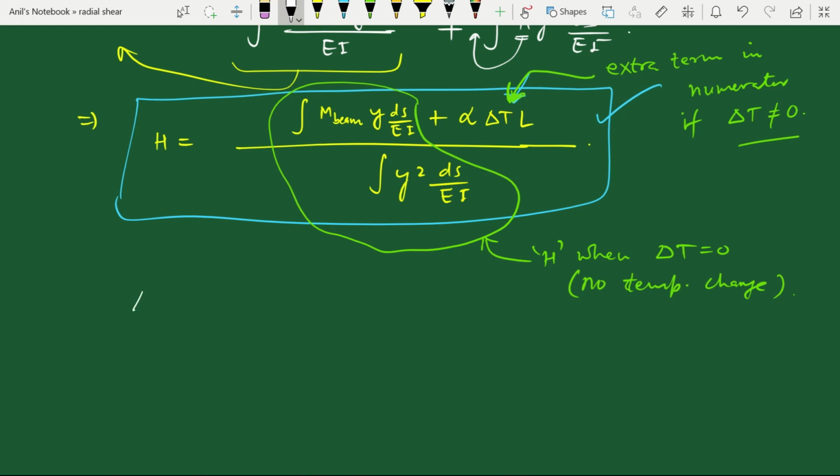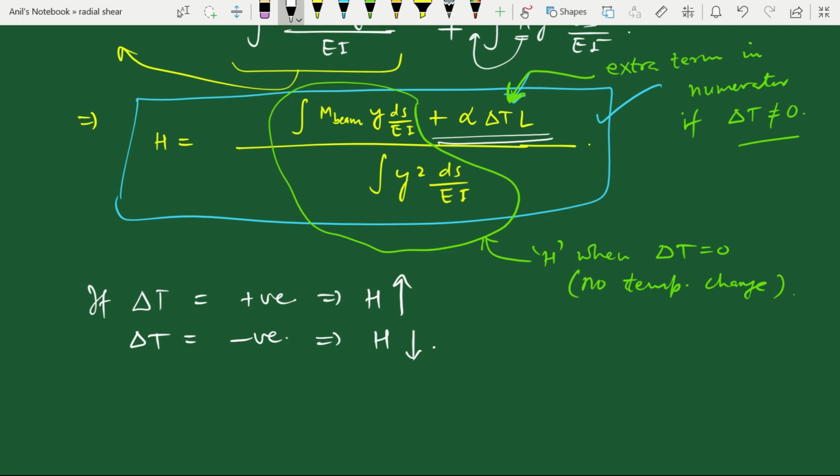Here it can be noticed that if delta T is positive, H will increase. So if there is a rise in temperature, horizontal thrust will increase, and if delta T is negative, there is a drop in temperature, H will decrease, because this term will become negative.